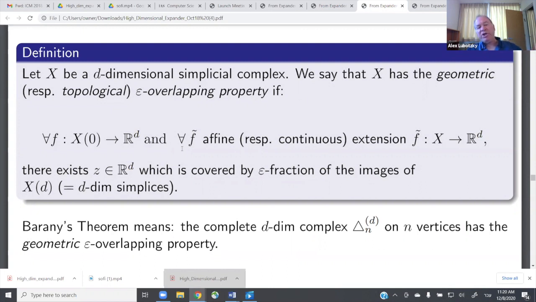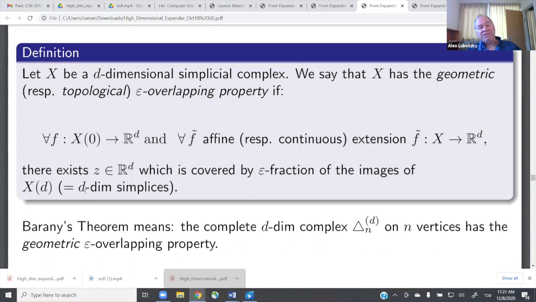There is essentially a unique affine extension from the simplicial complex to R^d, because you have the points, you have lines between them, so you extend F to the straight line between these points, and then you get triangles, and then you get pyramids, so you have a unique affine extension, F tilde.